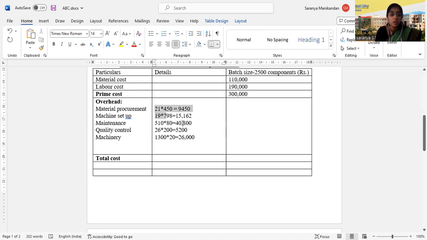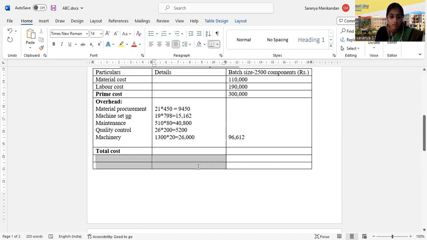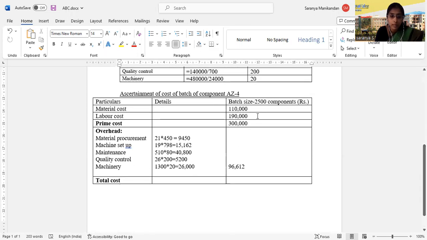So when we add all these overheads, we will get 96,612. 96,612 is the total overhead amount. Material plus labor is prime cost, plus the overhead amount is the total cost.